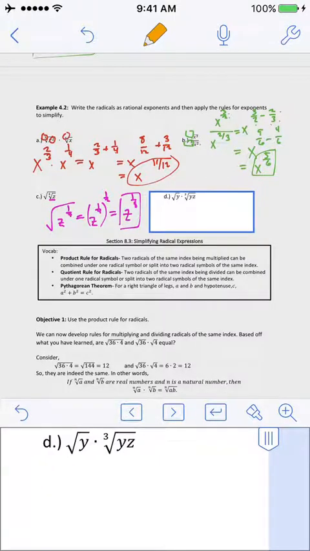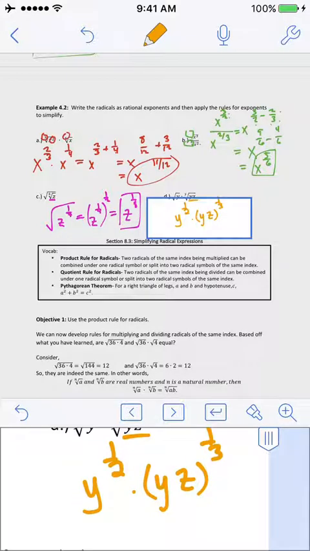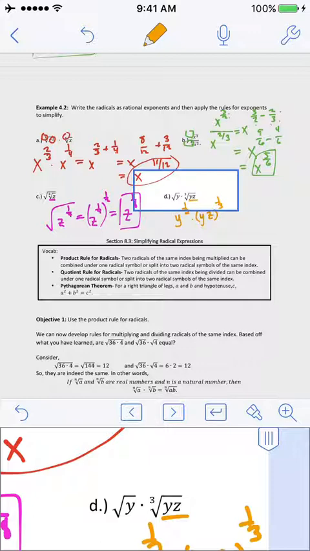Okay. So square root of y converts to y to the 1/2, times, this whole thing is under the radical, so the whole thing is going to become the base, yz to the 1/3. As they were, I could do nothing, because they had different radicands.